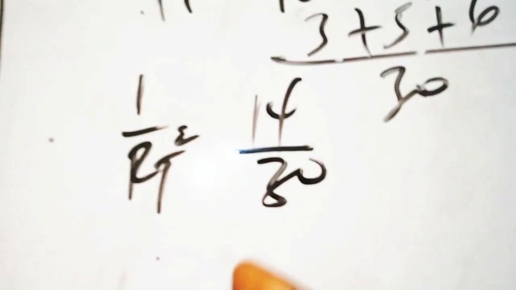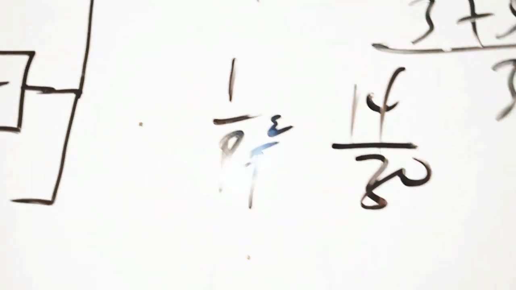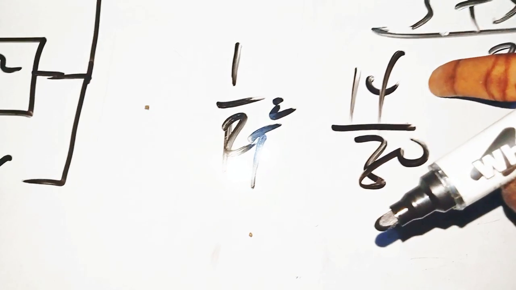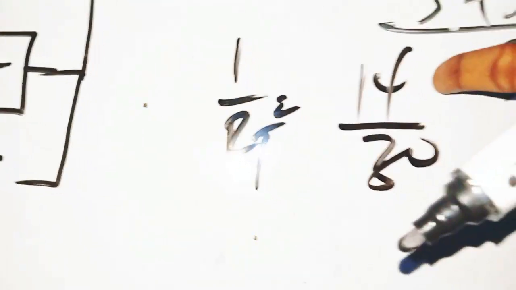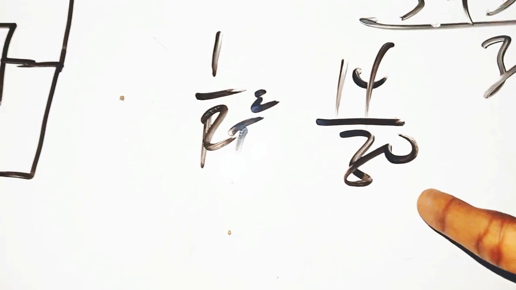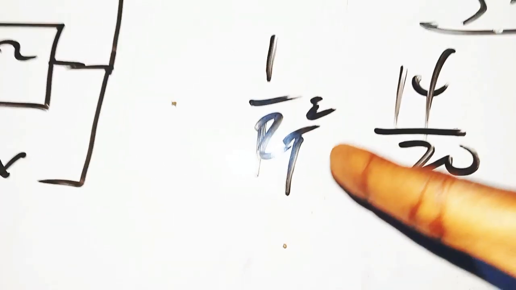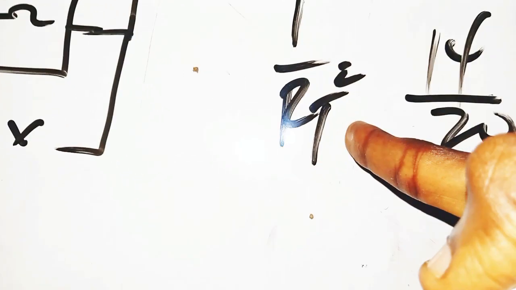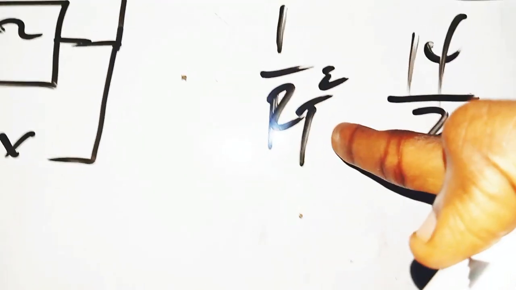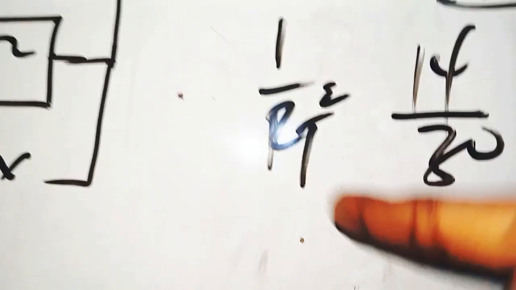So we are not done yet. If you see clearly here, 30 cannot go into 14, but 14 can go into 30. It could be a decimal number, but it can go into 30. So we reciprocate it. So this RT, our total resistance, will go to the top, whilst our 1 comes down.